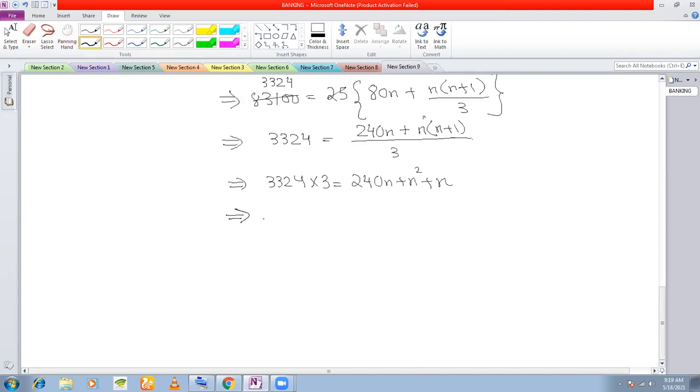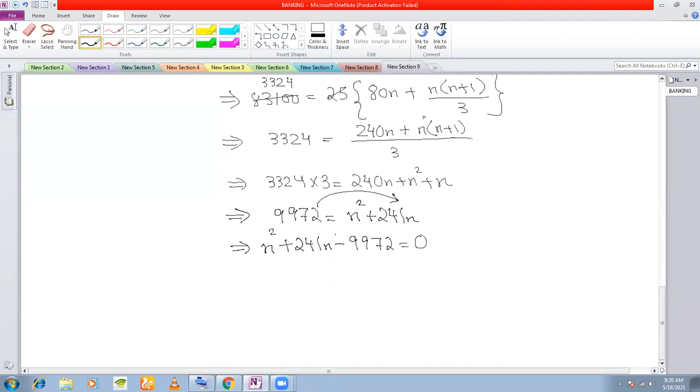That means you multiply this, you get 9972 is equal to n square plus 241n. That means now you form a quadratic. You take this side, n square plus 241n minus 9972 must be equal to 0.